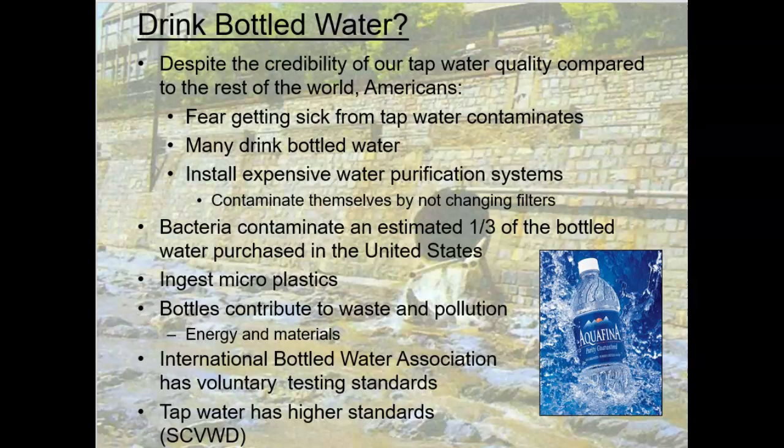So it's essential that if you rely on these things, that you replace the filters on a regular basis. Otherwise, it makes the water worse over time. The other problem is that many bottled water brands actually have bacteria in them, and they all have some sort of microplastics in them. And so you end up ingesting the plastics that are in the bottled water.